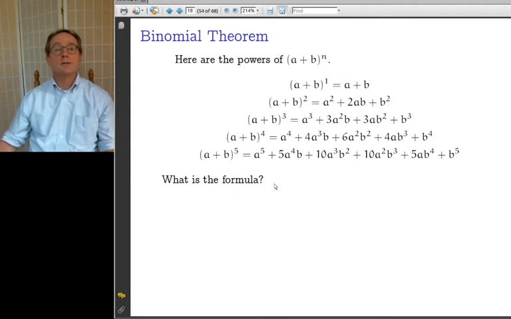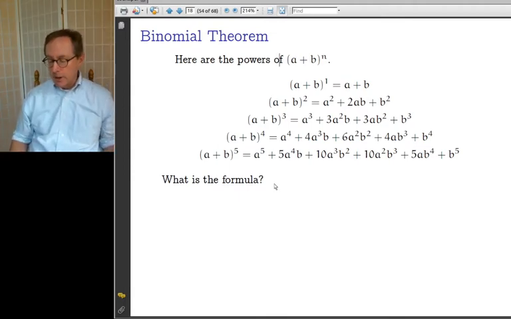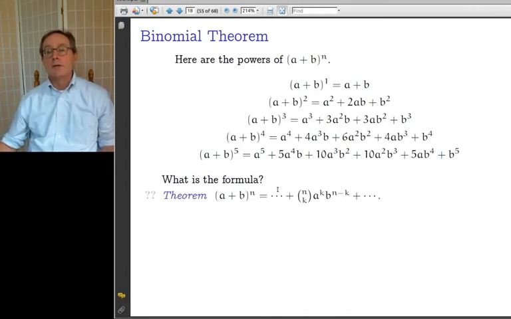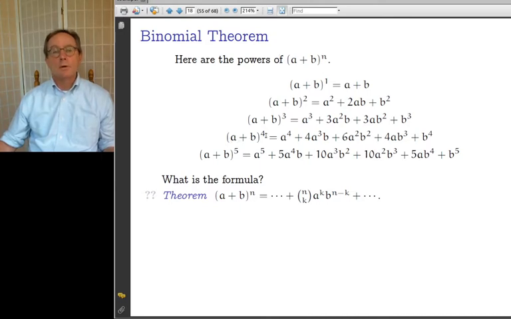So the question is, what's the formula? Obviously, there's a pattern. What's the pattern? Can we write the pattern down in some organized way? Can we give a formula? Okay, so the theorem is that if you want to figure out what is in the expansion of a plus b to the n, the term where the power of a is k, you take n choose k. So for example, if you're looking at a plus b to the fourth, n is 4, and you want the term that has a to the 3, so k is 3, then I'm looking at 4 choose 3.